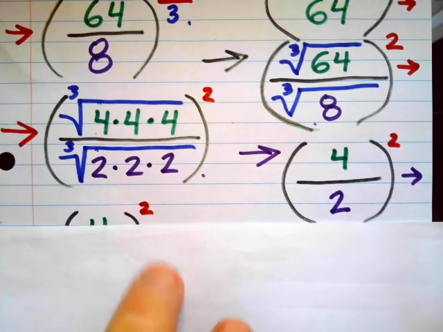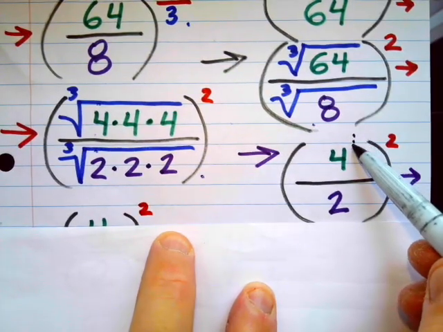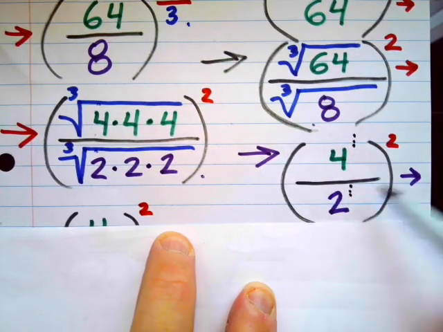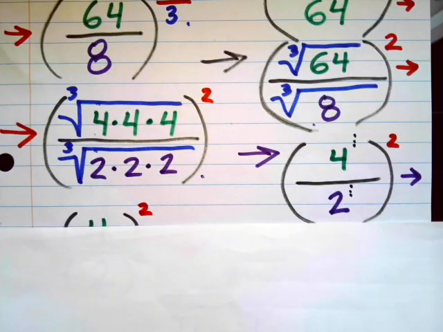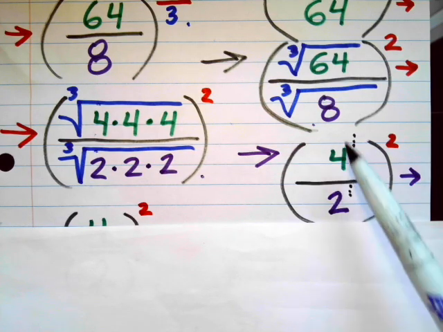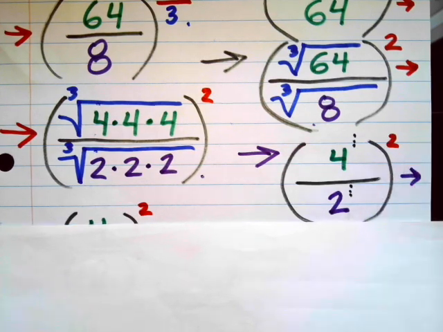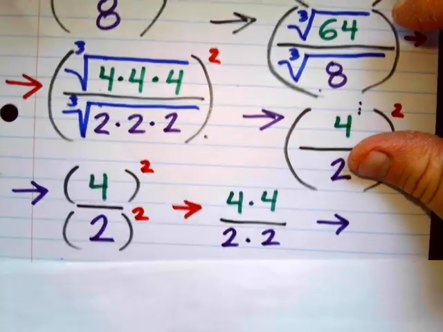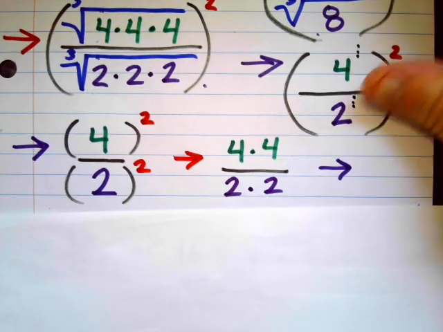And don't forget, each of these terms has that invisible 1 in the exponent. And if you remember, with a power to a power, you multiply the powers. Or 4 halves squared is 4 halves times 4 halves. So let's continue and move forward.